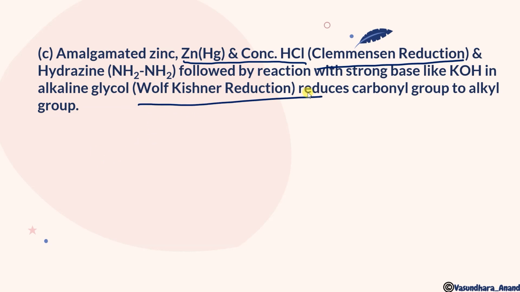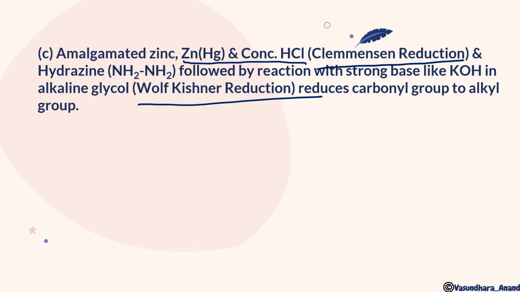That means Clemmensen reduction is the reduction in acidic medium where amalgamated zinc is used, and Wolff-Kishner reduction is the reduction in basic medium where hydrazine is used with a strong base like KOH.